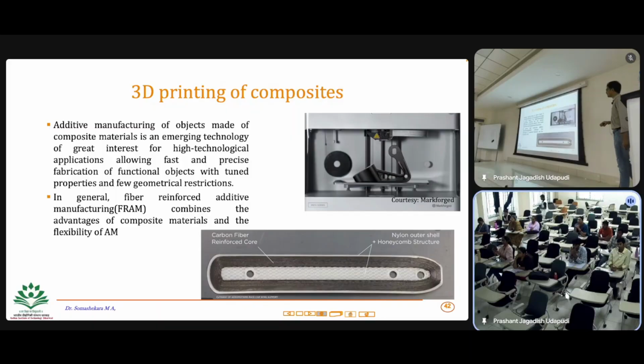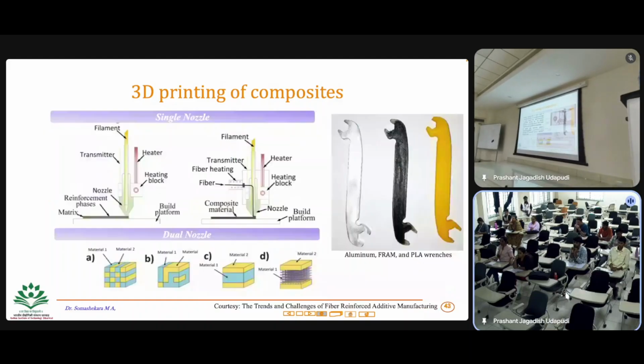You can have a dedicated nozzle for that, or you can prepare a filament made up of a composite structure or composite materials, and that filament you can use for fusing the material. So as I said, there are different ways in which you can fuse the carbon fibers.